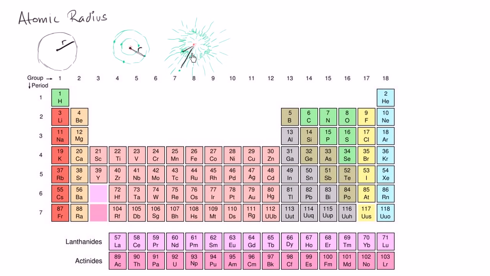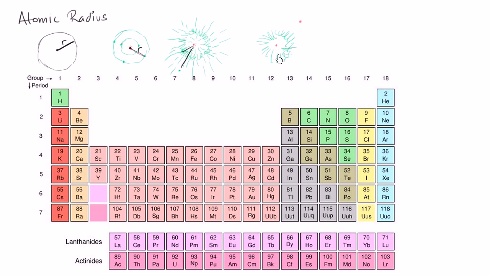There are several techniques for thinking about this. One technique is to take two atoms of the same element that are not bonded to each other, that are not part of the same molecule, and determine somehow the closest that you could get them to each other without them bonding.